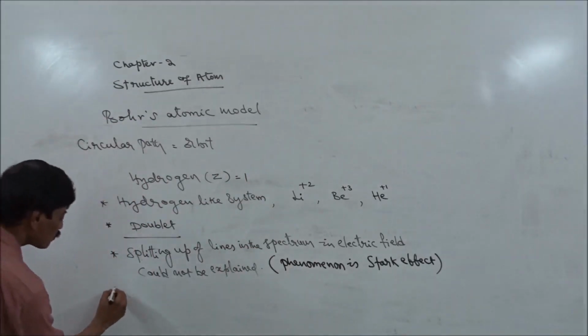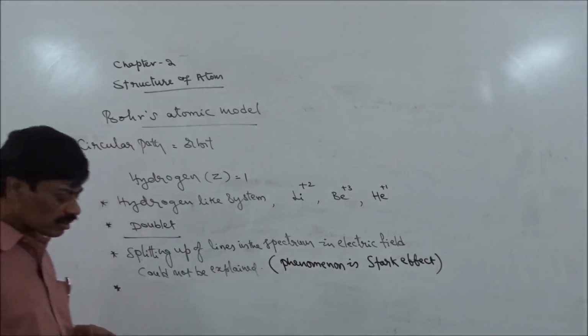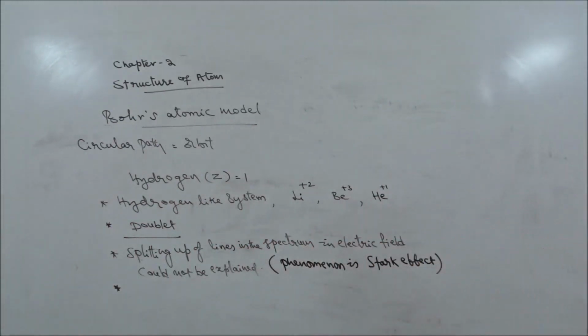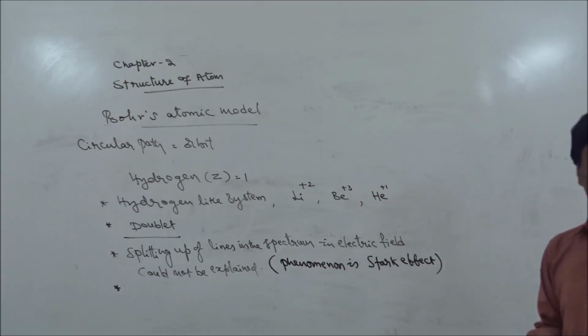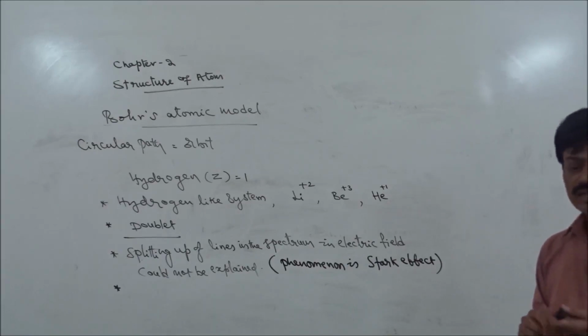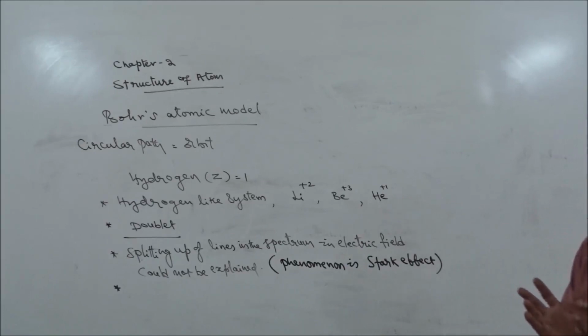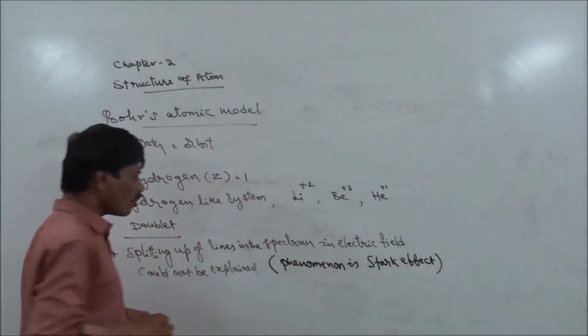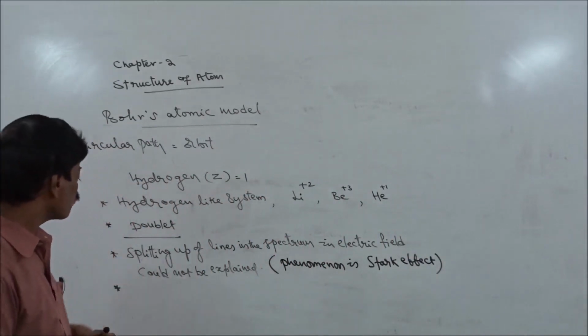Next, let us see the next point. That is, when the spectrum is kept in the magnetic field, then also spectral lines get separated. Right. For that there was no explanation from both sides.